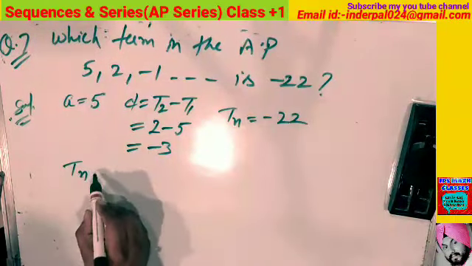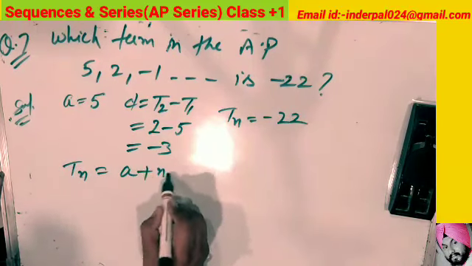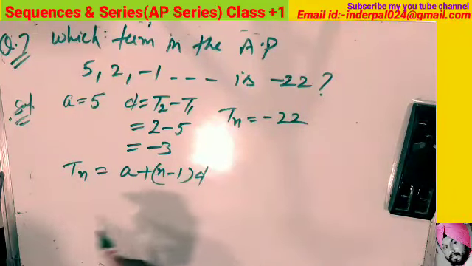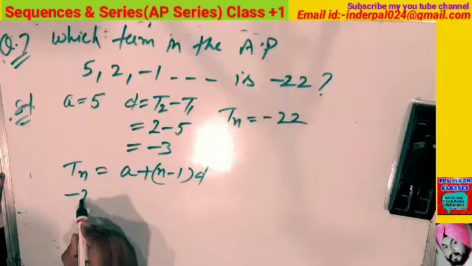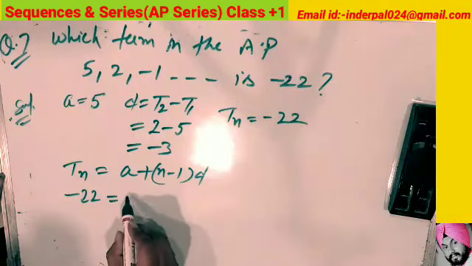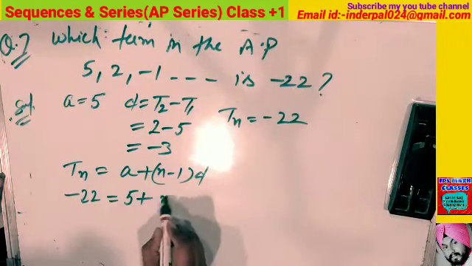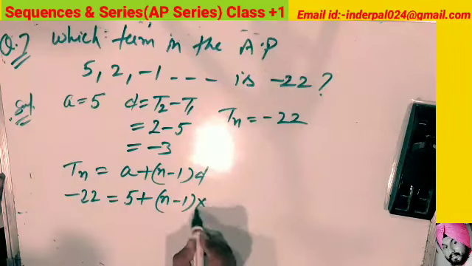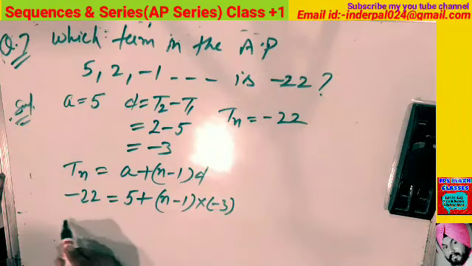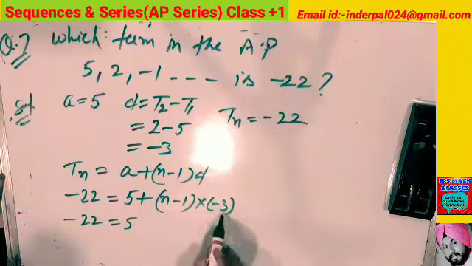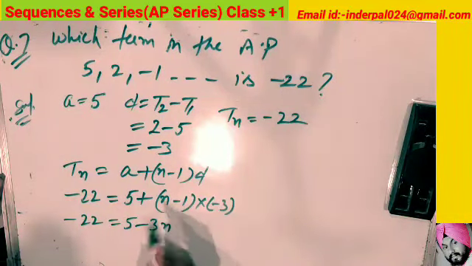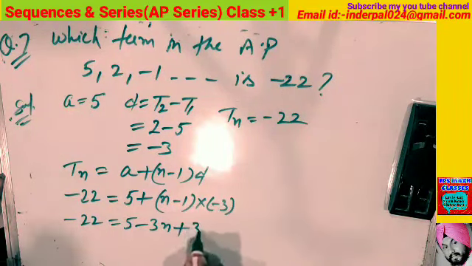Formula of tn is a plus (n minus 1) into d. Replacing the values, tn is minus 22, a is equal to 5, n minus 1 into d, which is minus 3. Multiply minus 3 with n, minus 3n, plus 3.